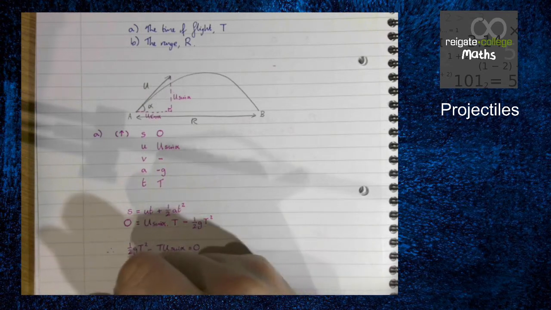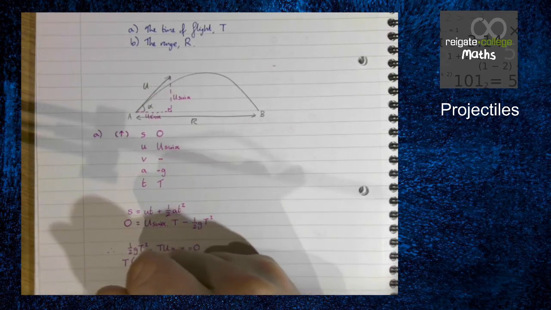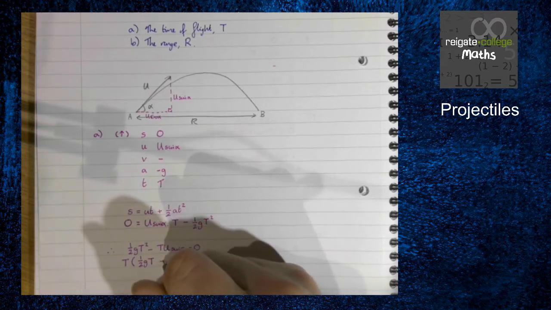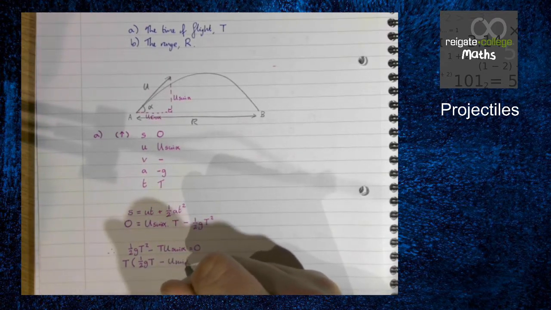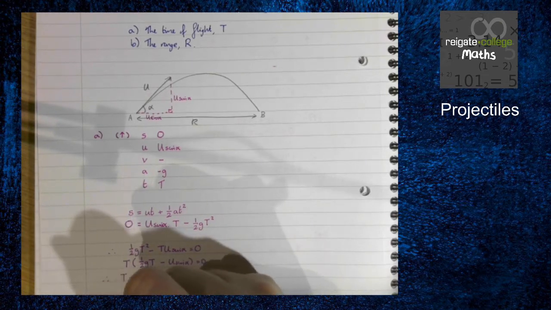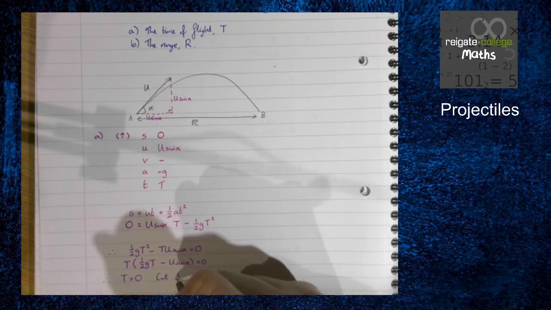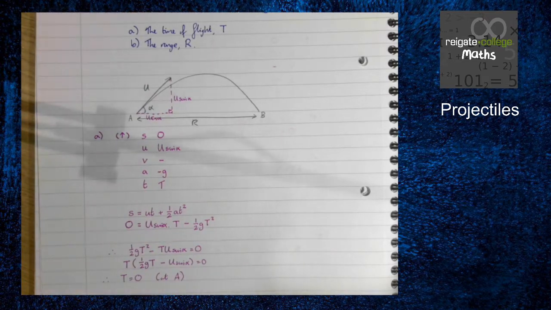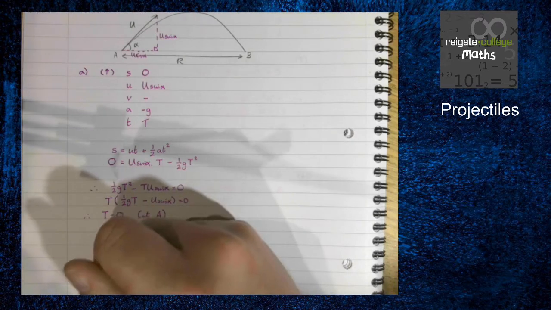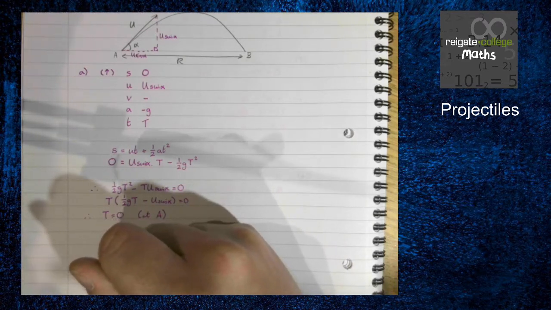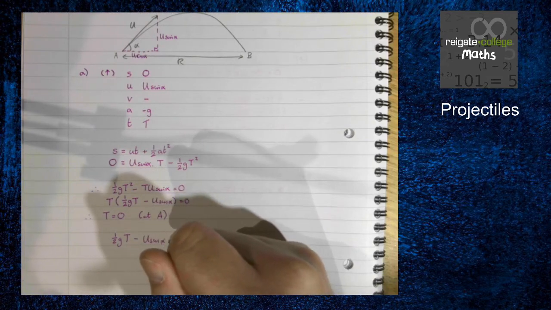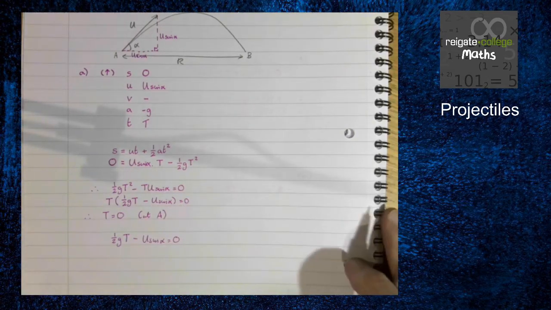We factorize, and we get T times a half g T minus u sine alpha equals 0. Therefore, T equals 0, which is what happens at A. So we don't want that one. Or a half g T minus u sine alpha equals 0, which is what's going to happen at B.